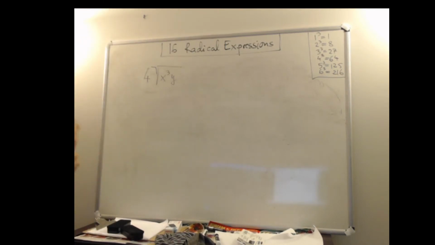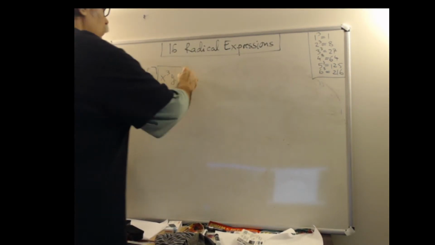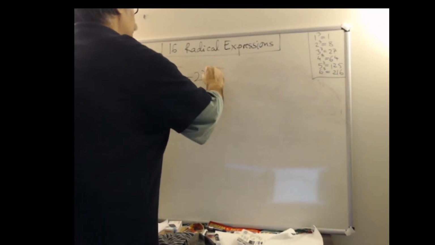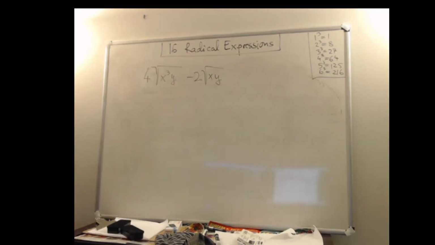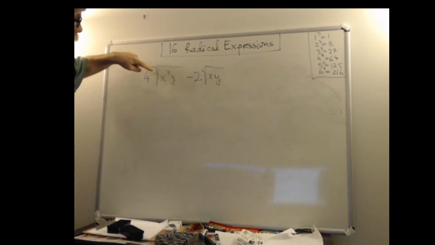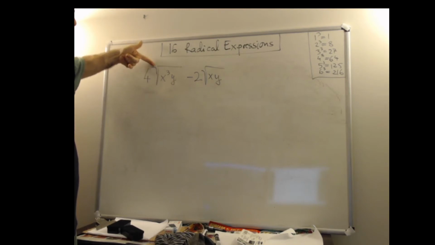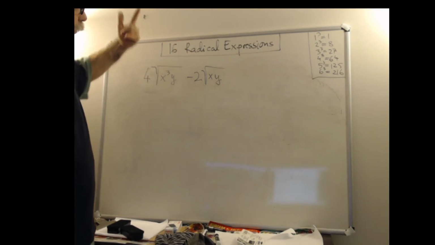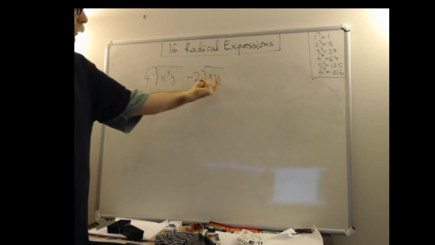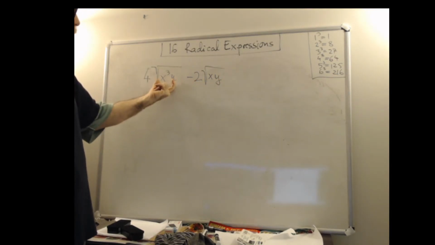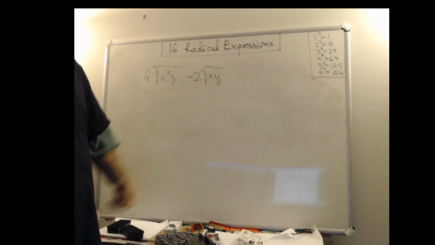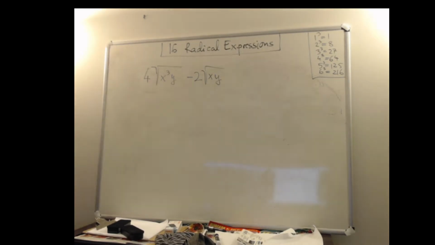And then I want to subtract 2 radical xy. Okay? And again, you have 2 radicals. They're not identical because even though they have the same index, 2, the radicand is different than this one. So this one is x cubed y, this one is xy. You say, all right, I can do nothing here.